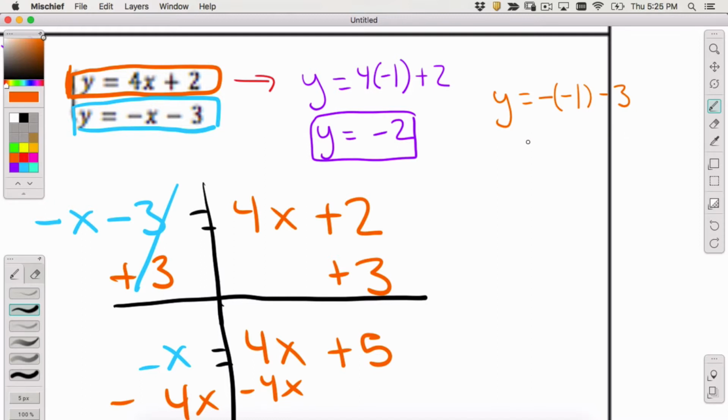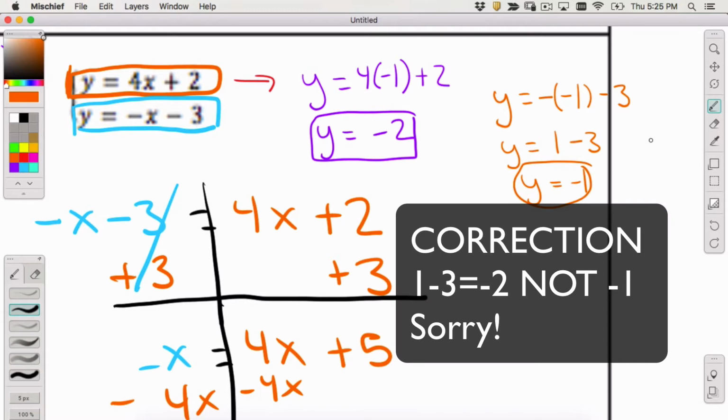We're going to see y equals +1 minus 3. 1 minus 3 is going to get you y equals -2. There you go. So these two equations share the coordinate point -1, -2. This is their shared coordinate point.